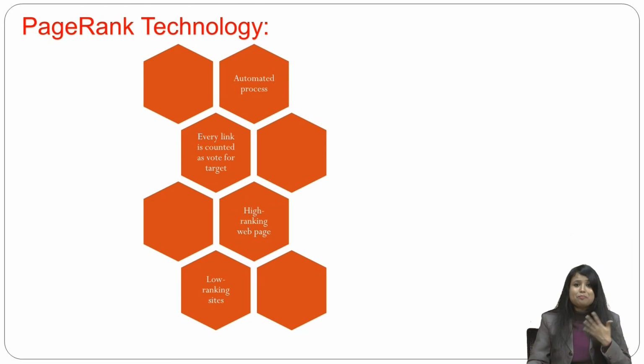If a web page sends out many links, its voting power gets diluted. A high ranking page linking to hundreds of other pages would not count as much as it would if the page linked to only a few sites. Apart from this, there are several factors which affect scoring.